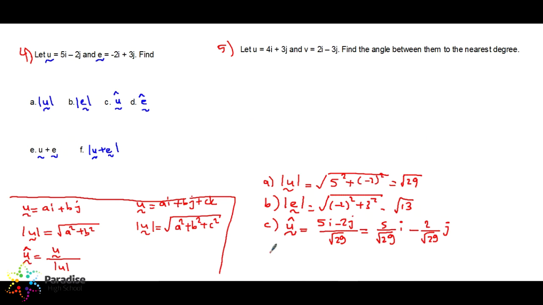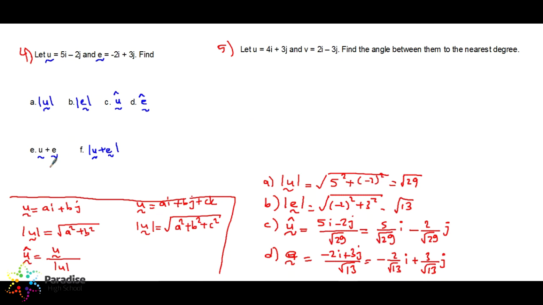So that's a better answer. What is the unit vector of E? Okay, what is vector E? Negative 2i plus 3j divided by root 13. So we separate it. Negative 2 over root 13 i plus 3 over root 13 j. So that's the unit vector.